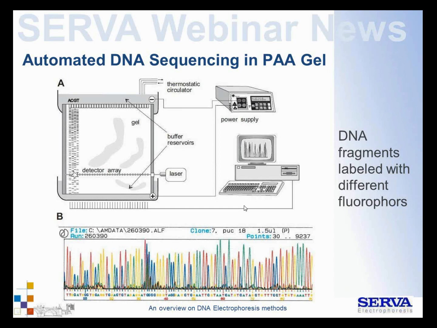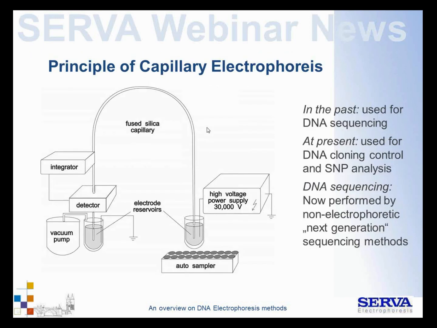Then people found out it's much better to do an online detection by labeling the reactions with different fluorescent tags and running them in such a gel with direct detection. This was done for a long time in these gels until the capillary technology came up, and with the capillary it's even easier to run many samples.